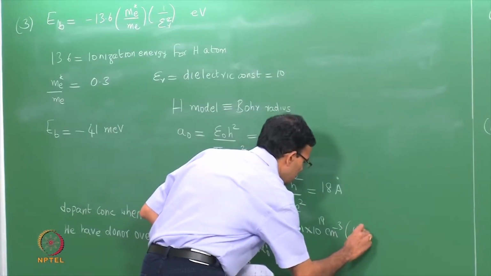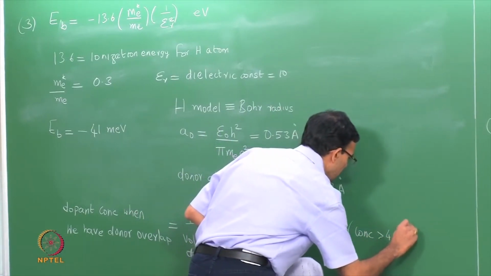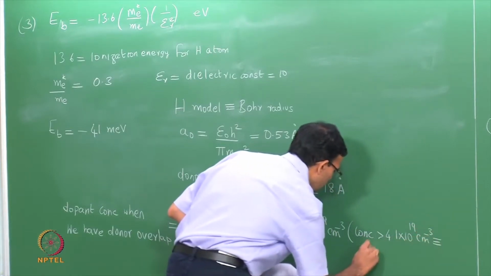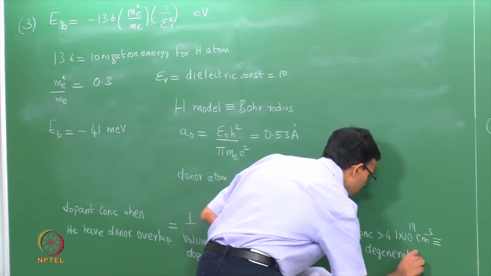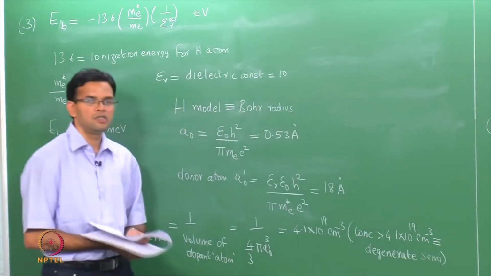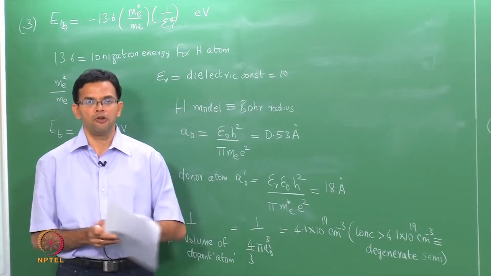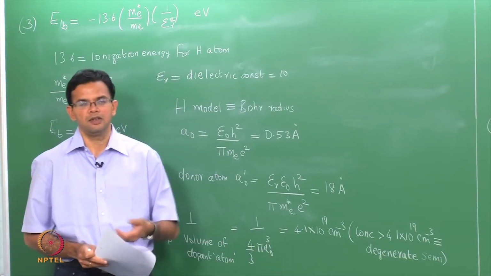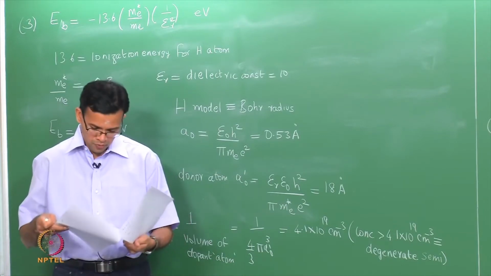When the concentration is greater than 4.1 times 10 to the 19 per centimeter cubed, we get a degenerate semiconductor. This is a simple back of the envelope calculation where we use the effective Bohr radius of the donor atom to calculate the concentration where we get a degenerate semiconductor. Let me now go to problem 4.